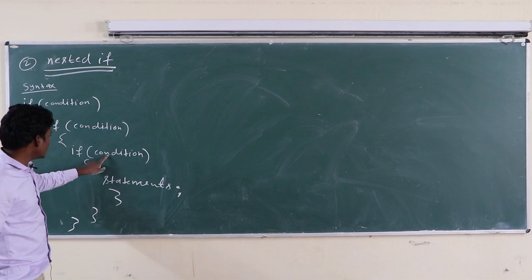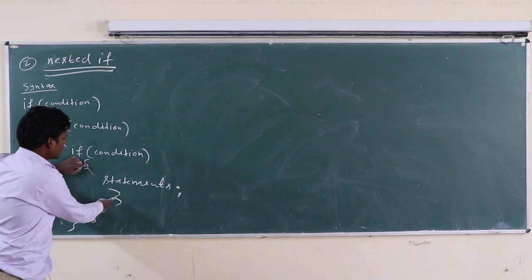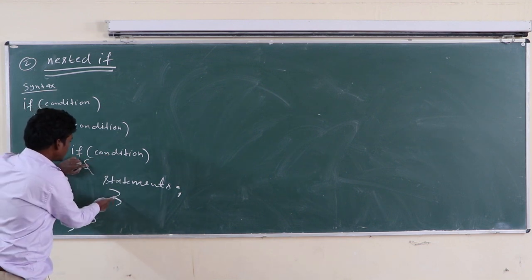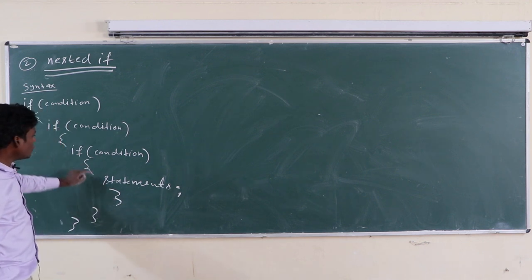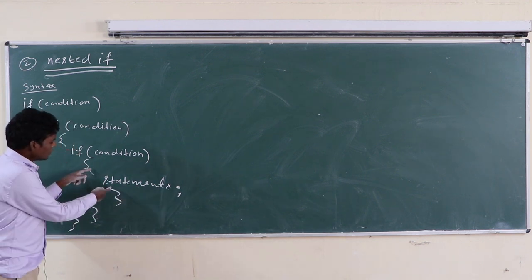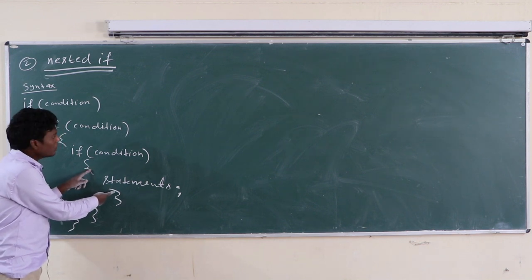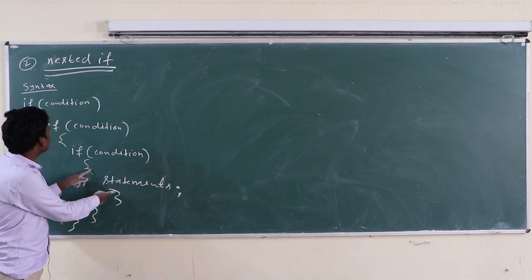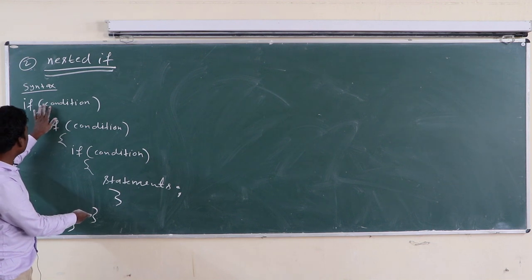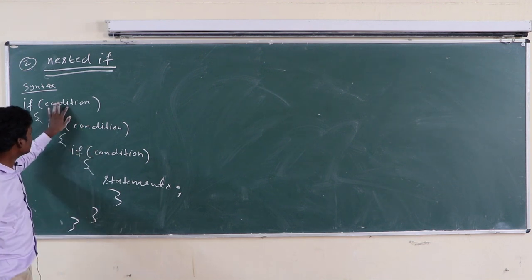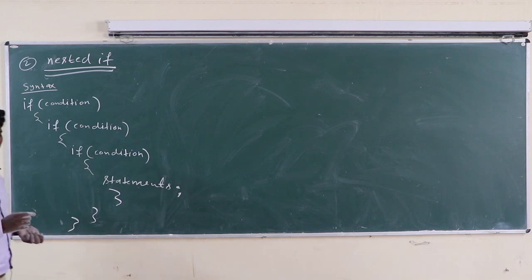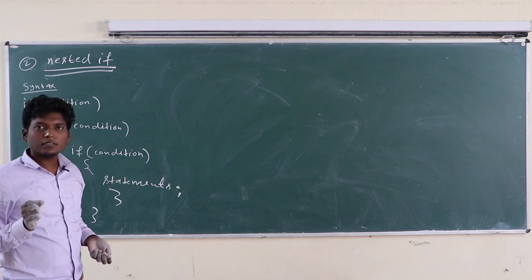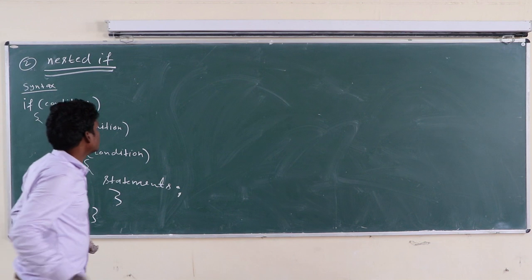If this condition is true, then this set of statements within this block is executed. So to execute this section of code, all three conditions need to be true. This is one example of syntax of nested if else.